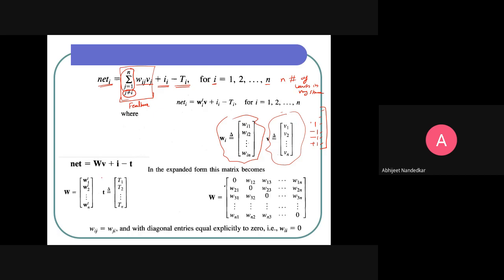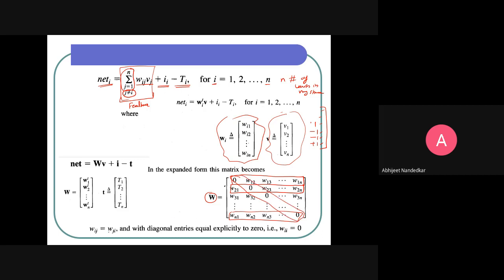When I want to write this in the form of a matrix, all the weights, this is my W matrix, and this is the weight associated with neuron 1. This is the weight associated with neuron 2, and this is the weight associated with neuron N. So you can observe this diagonal is 0.